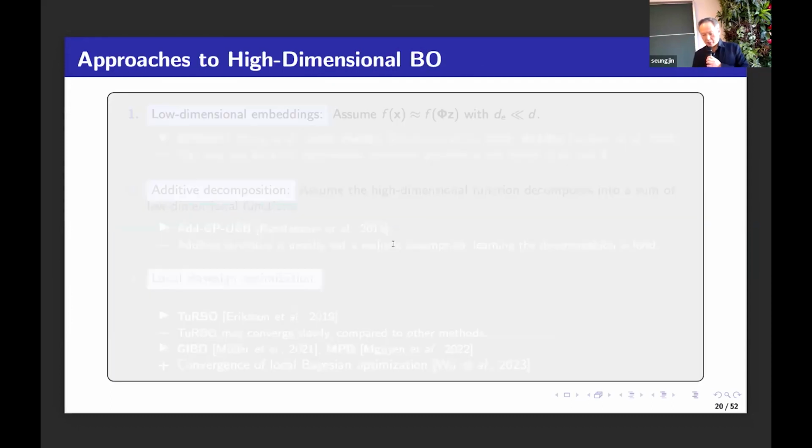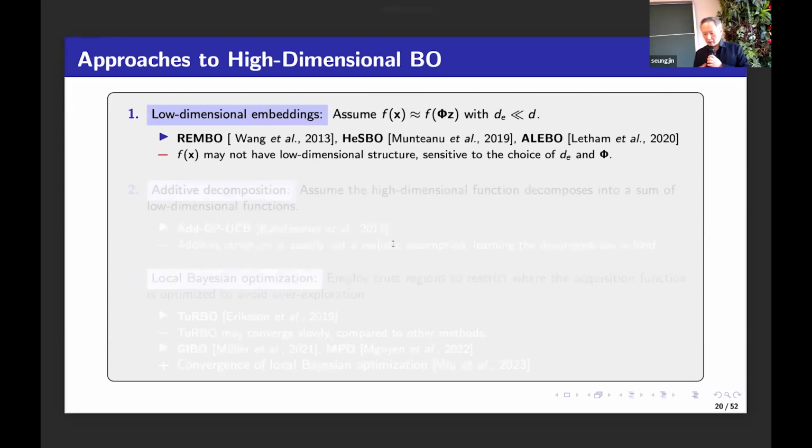To solve these problems, a couple of approaches have been developed. The first idea is low-dimensional embeddings, which have been around in many different places. Instead of working in the high-dimensional space, you move into a low-dimensional space, assuming there is some low-dimensional subspace, work there, and then go back to the original space.